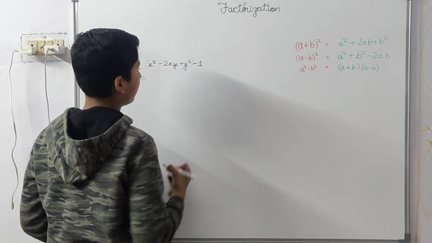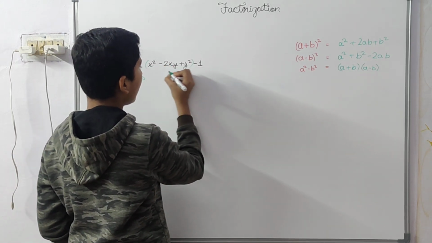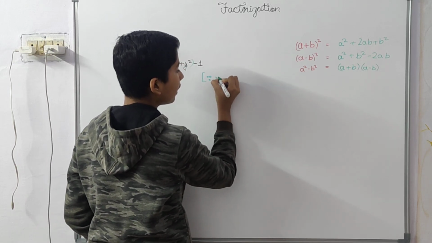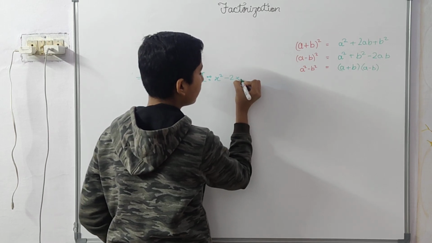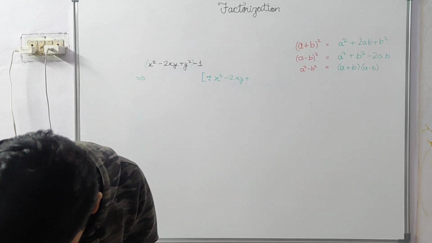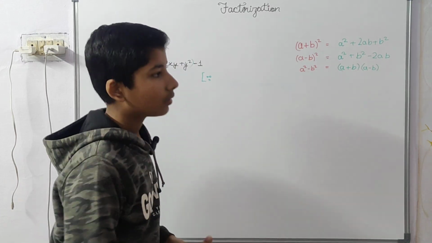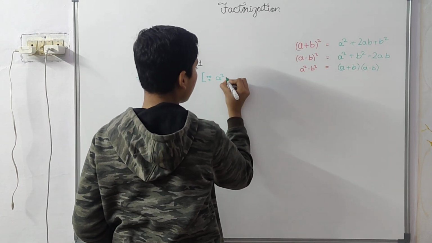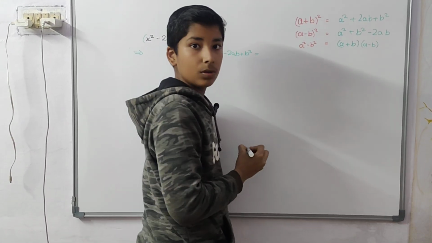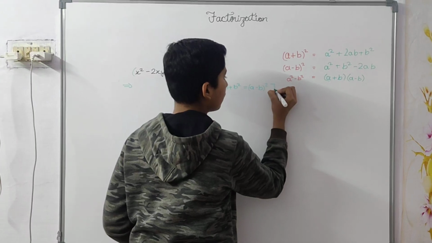Firstly, put this in bracket, so that you will understand it easily. Here if you see, an identity is getting used. Here again in bracket you will write x square minus 2xy plus y square, which I've put in the form of a because x is already getting used here. a square minus 2ab plus b square equal to what? a minus b whole square.